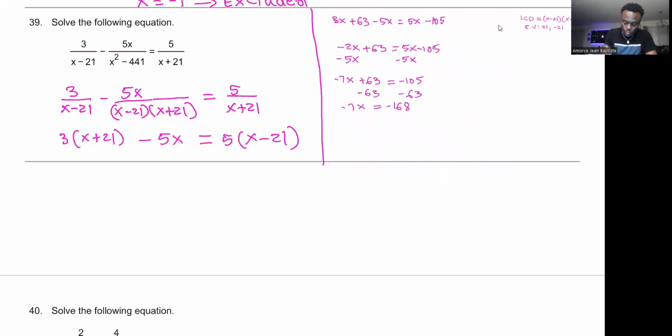And then divide by negative 7 to get x equals 24. So 24 was not one of the excluded values. Now I get my solution that is 24.